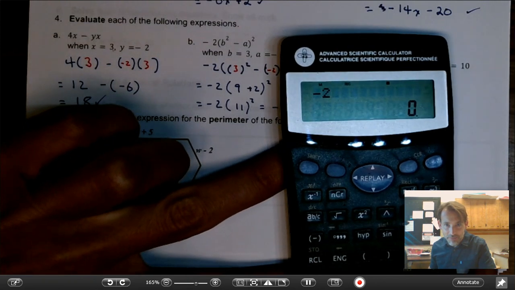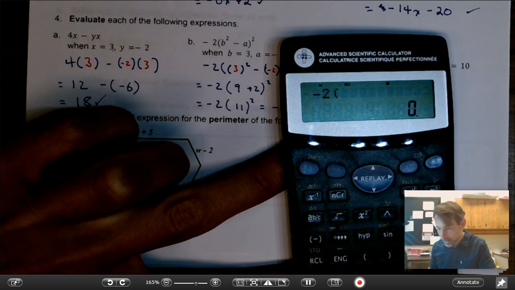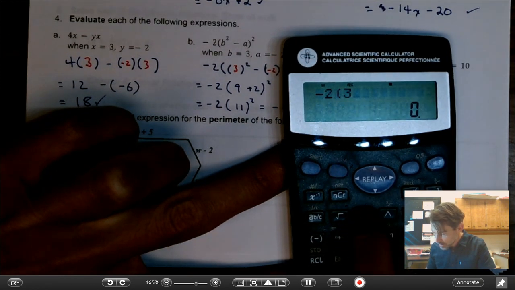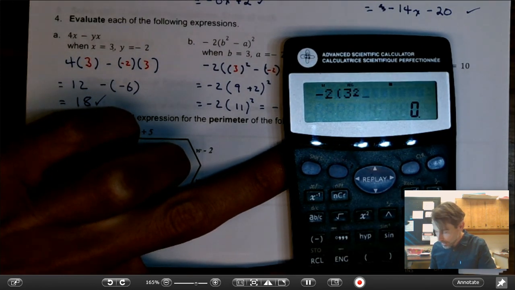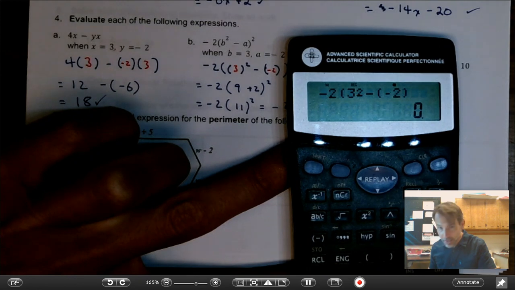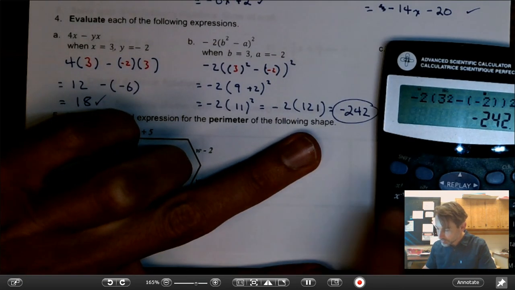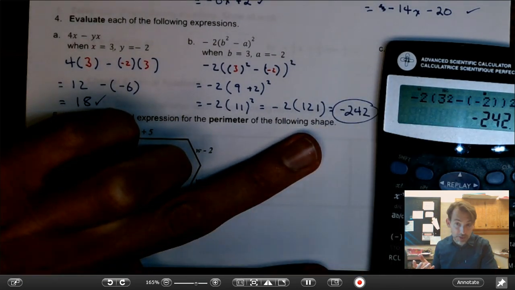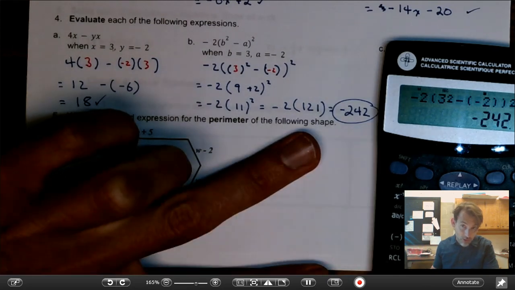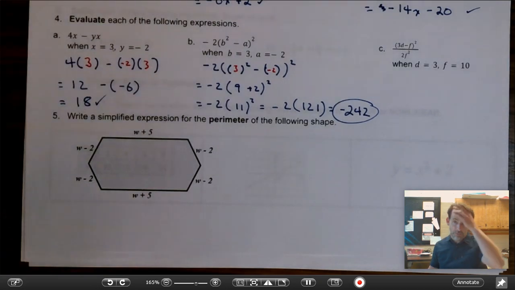Minus 2 multiplied by, so I put that bracket there, just like I have in the question, 3 squared minus, put in a bracket, minus 2 and bracket, and the bracket, square the bracket, equals, oh, I got the same thing. So I plug it into my calculator, admittedly very carefully, with all the brackets and things there, and then it evaluates it for me.